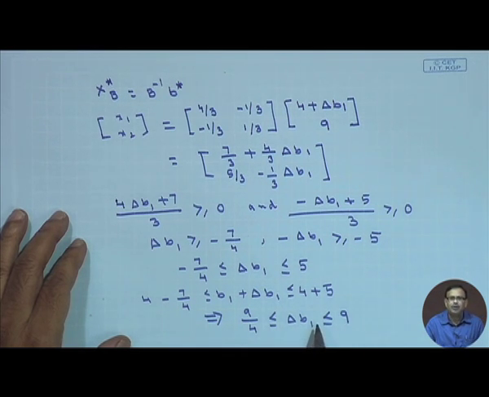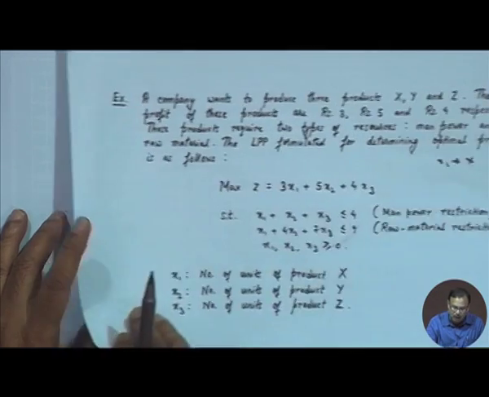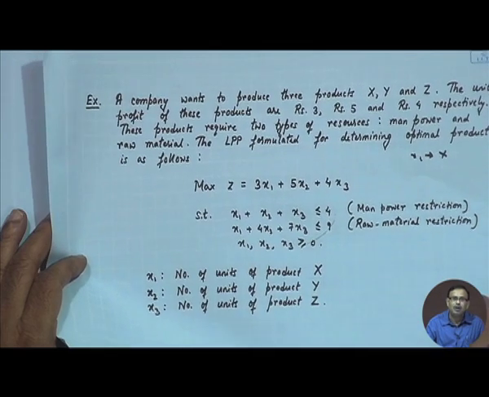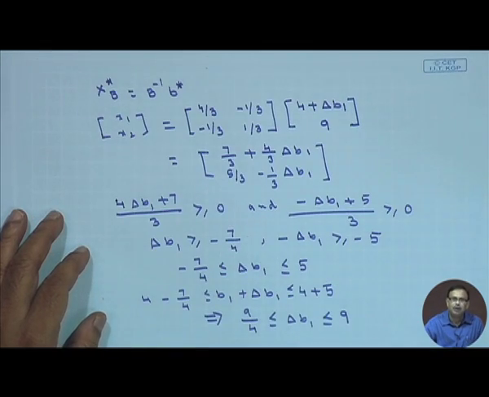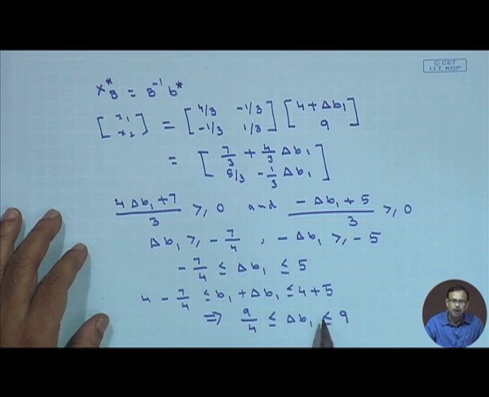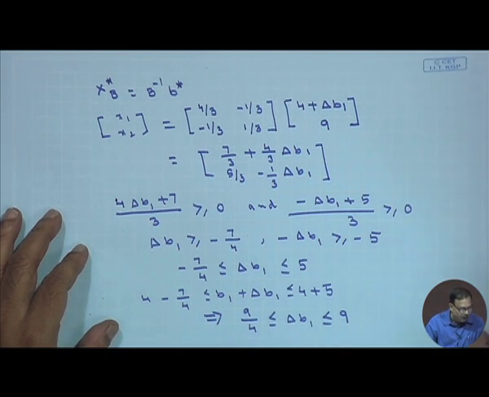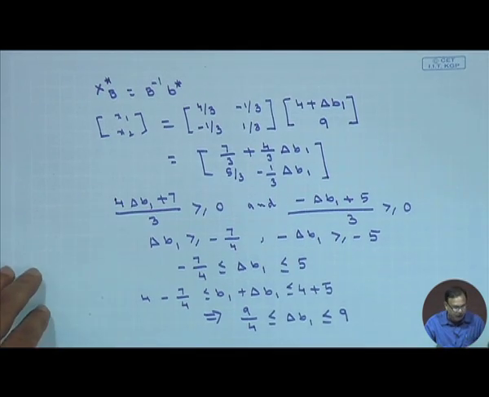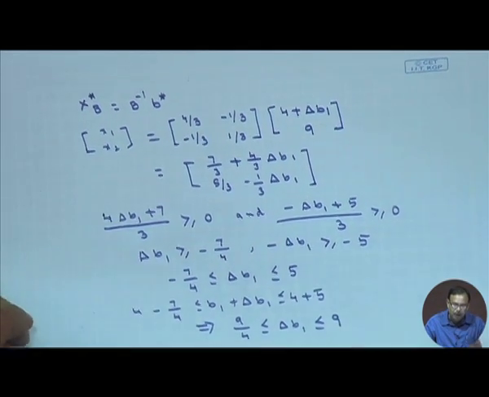So, for the first resource, from the original value 4, if we increase it up to 9, there will be no change in the optimal solution.